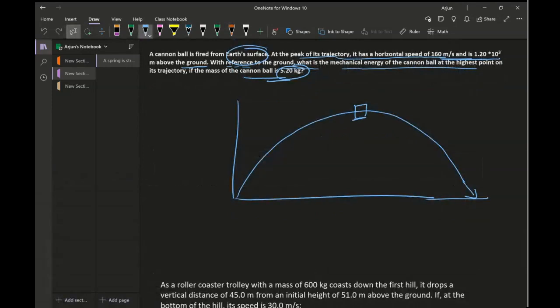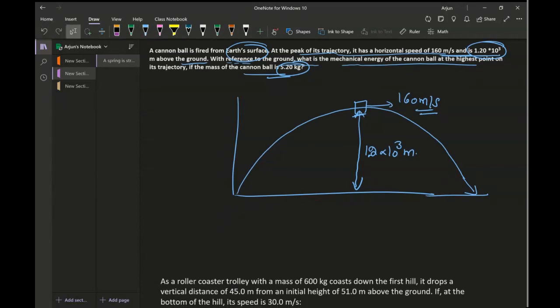The speed here is 160 meters per second, and the height is 1.2 times 10 raised to the power 3 meters from the ground. It's a simple question.